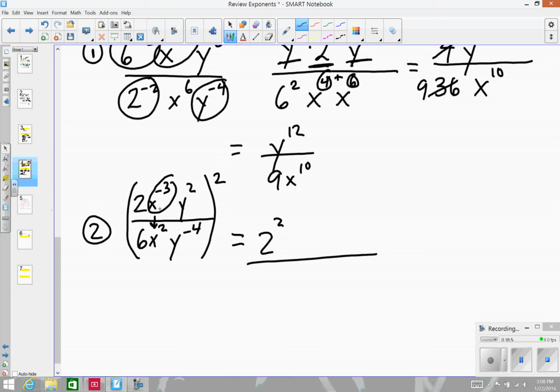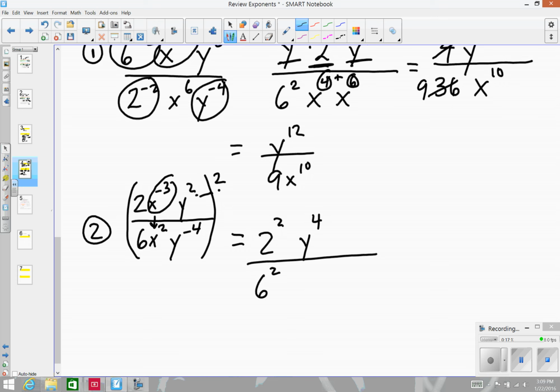I'm going to be moving my x to the third. My y squared here is going to be taken to the second power, so that's going to become y to the fourth. Down in the denominator, now I've got my 6, and I'm going to be squaring that.